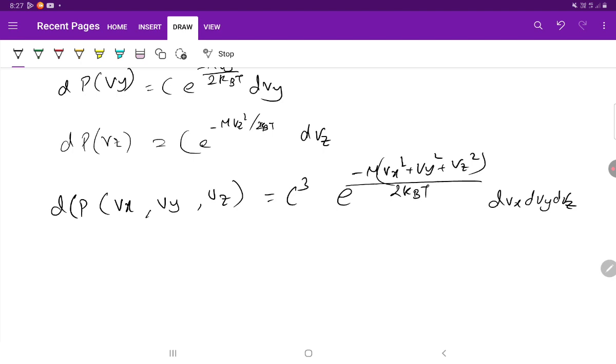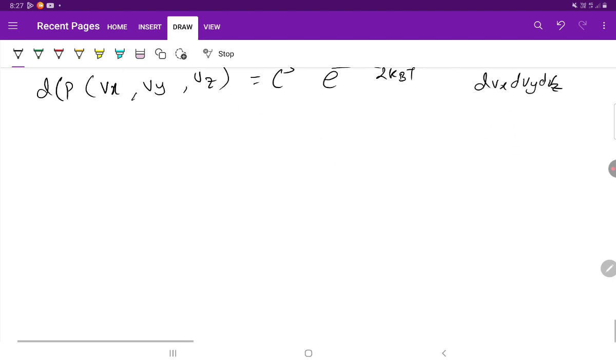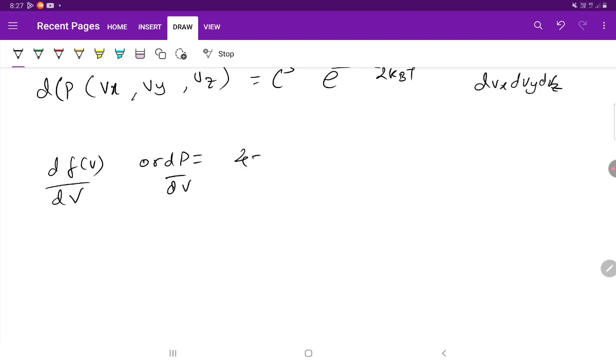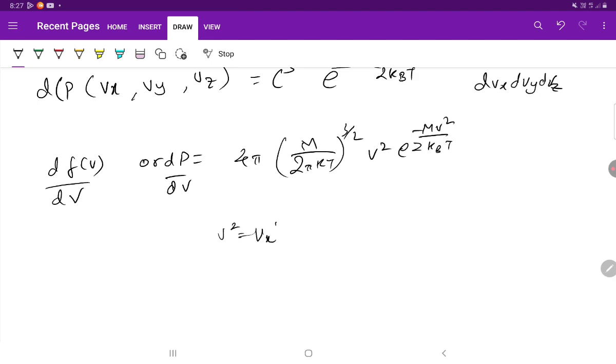Now, the Maxwell-Boltzmann equation is written in this form: f of v, or dP by dv, is 4 pi times (m by 2 pi kT) whole to the power 3 by 2 into v square e to the power minus mv square by 2kBT. In this case, we consider the absolute velocity, with v square equal to vx square plus vy square plus vz square.